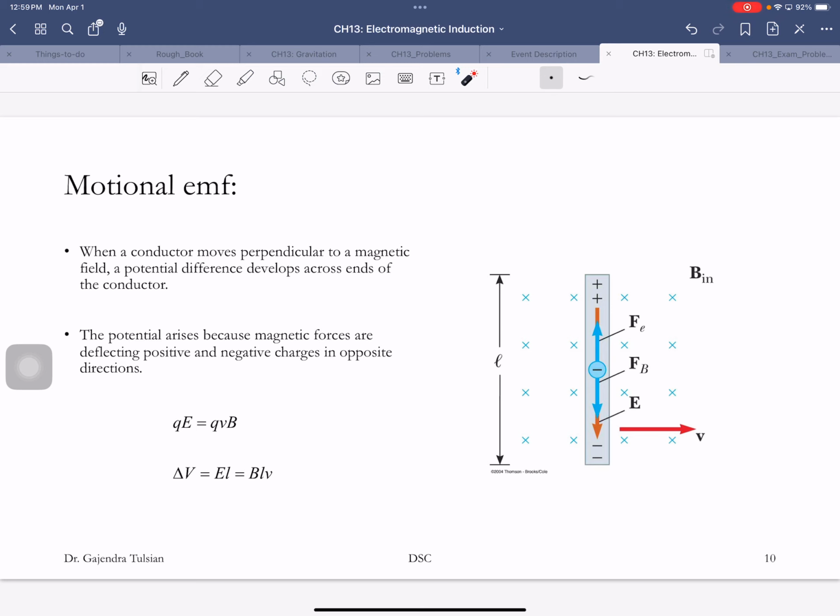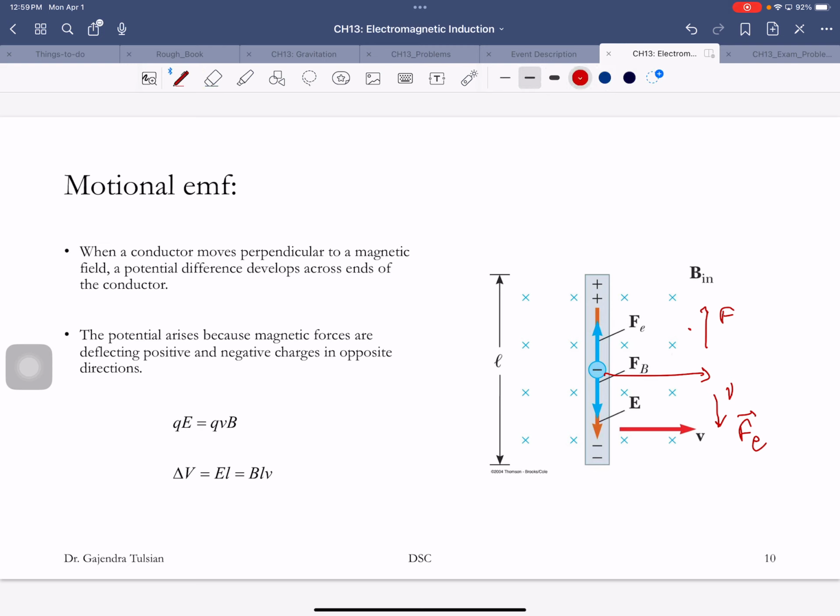Okay, so here's how you figure out this voltage. Metals have free electrons. When the electron is moving in this direction with velocity v, v cross B would be a vector. A positive charge would feel a force in that direction, and a negative charge feels a force in this direction.